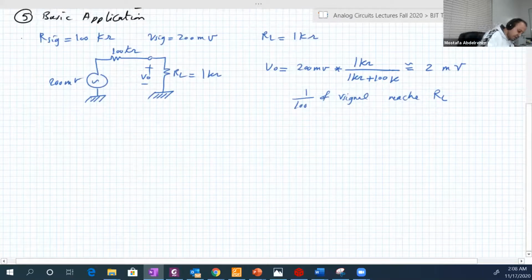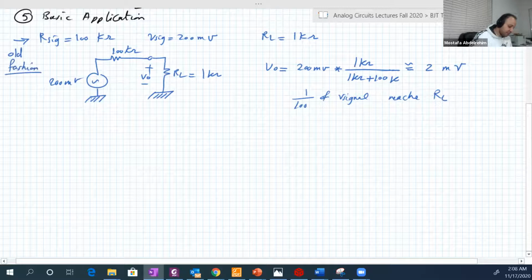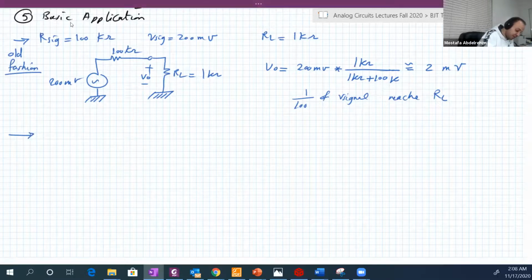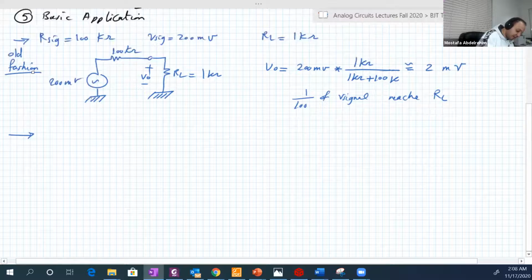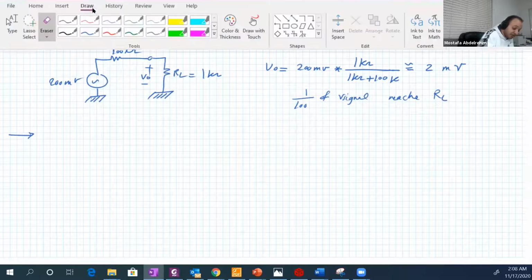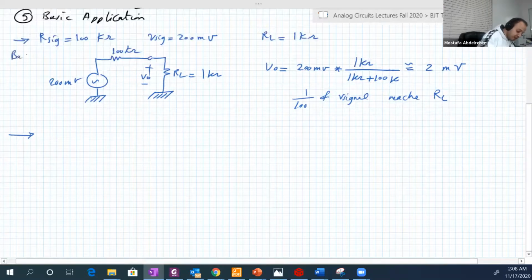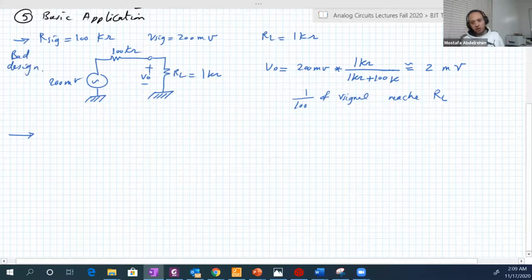So this is old-fashioned, for example. Let's call it bad connection, or bad design, in which you just connect the load to the source.